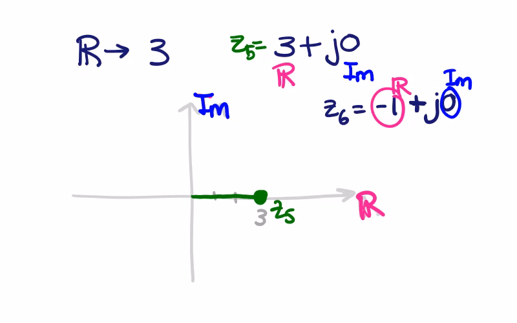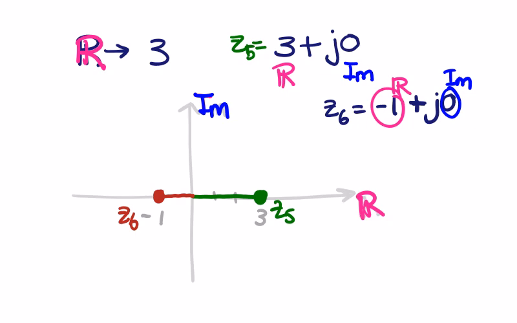Same as before, we go to the real negative 1, but we have no vertical movement, so we stay right there. This would be our Z6. And if we drew the line connecting it to the origin, it would look horizontal like that. So these are real numbers expressed as complex numbers.